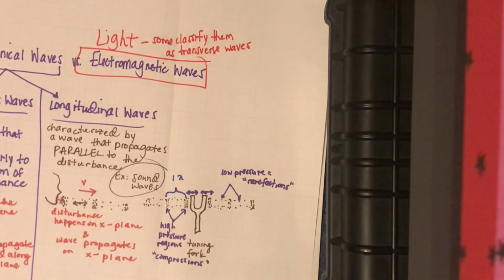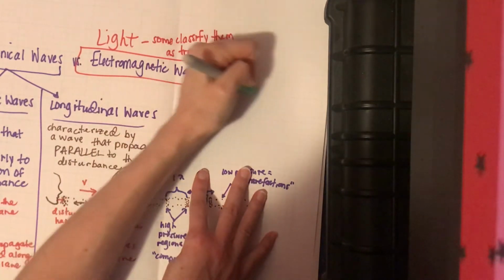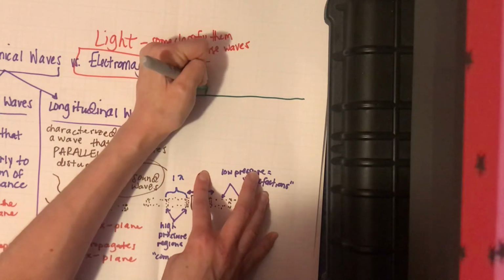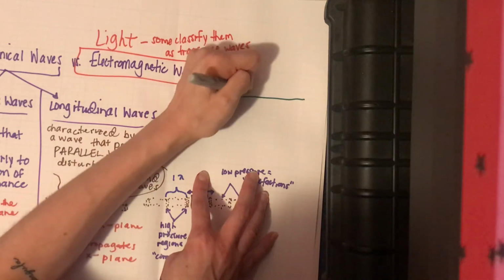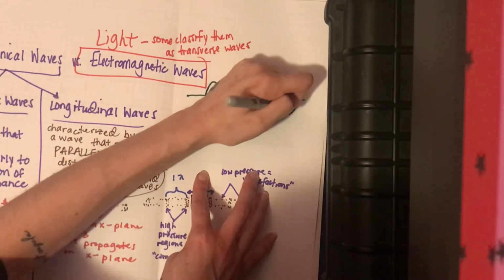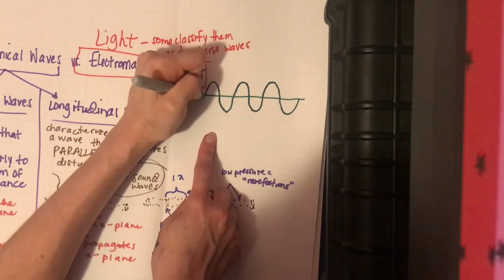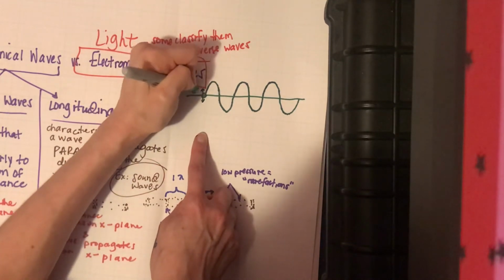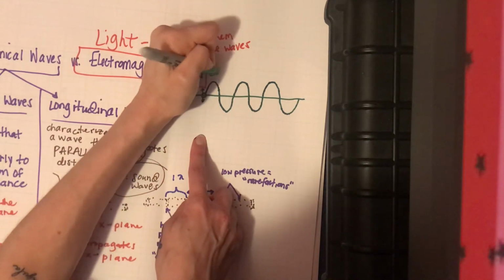So light waves are interesting because they actually have a sort of two-part waveform. The first part of the waveform is you have this oscillating electron, and that oscillating electron generates an electric wave. Okay, so this green thing, we can consider our little oscillating electron. In other words, the green is our electric wave.